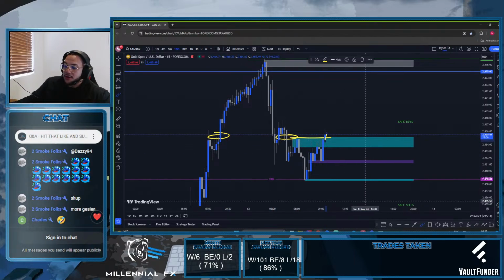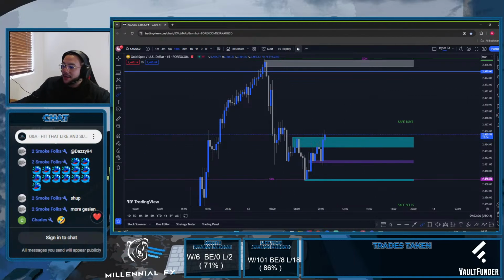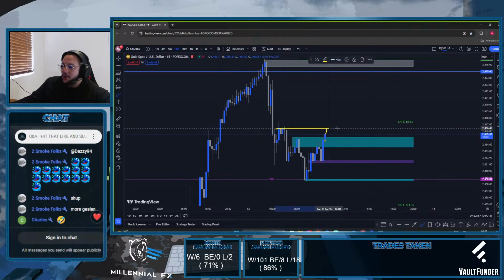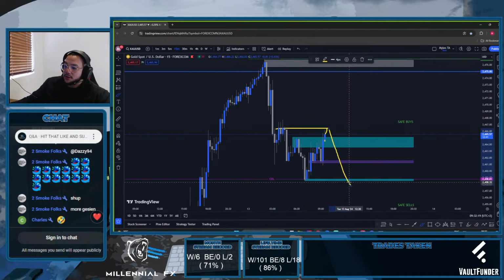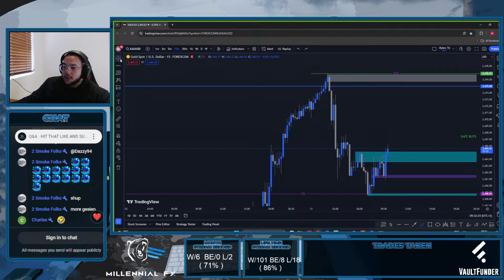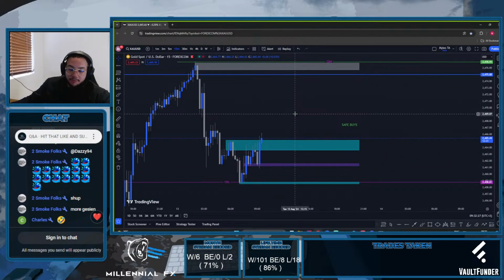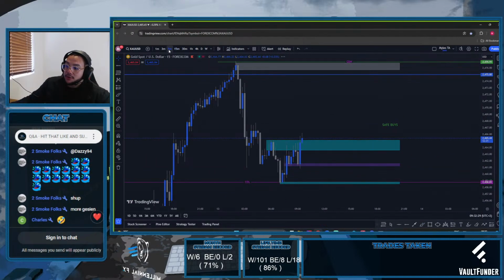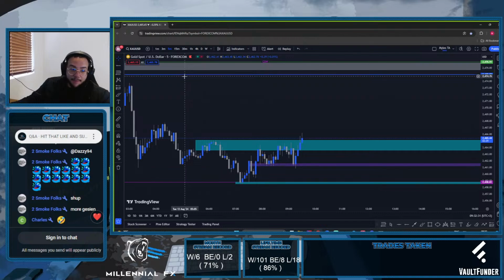You need price to close above. Because if I take it now on the break, that means this is just that initial impulse to form the retest to drive. I don't want to be caught in that. I also don't want to be caught out in price grabbing liquidity at the zone and then dropping. You with me? So in order for me to anticipate that price will continue driving further, I needed that close above. So it's not to say it can't drive, but for me personally, I won't take it because it's not my setup.